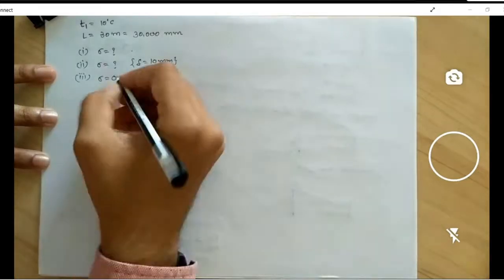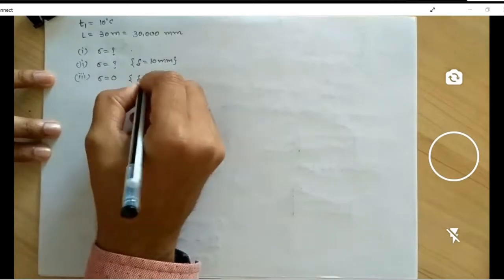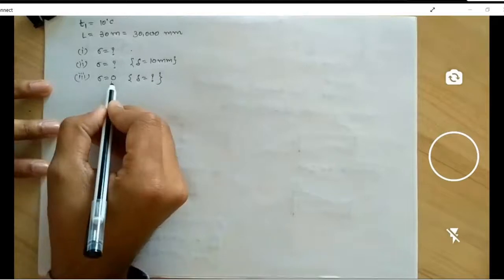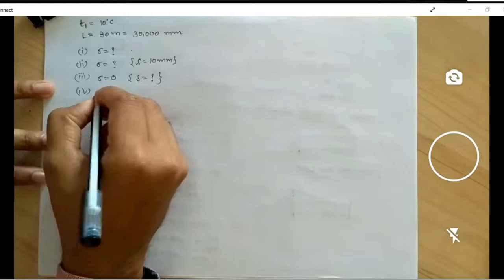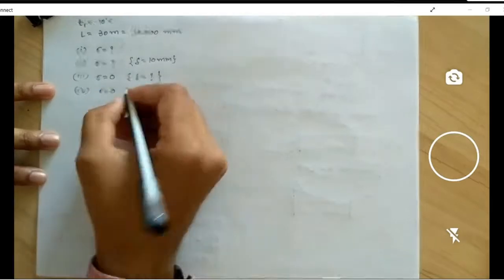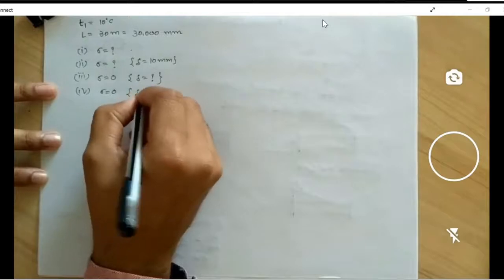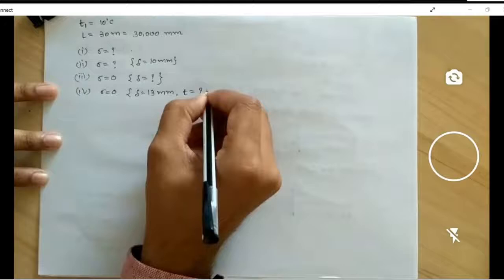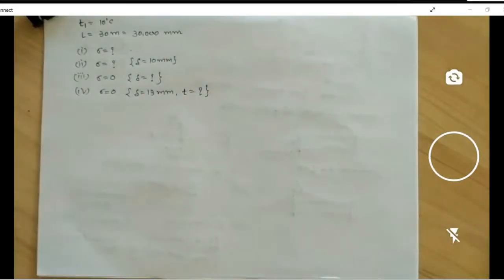So you have to find the expansion allowance for which the stress generated in this element is 0. And in the fourth case, you want zero stress and delta is 13 mm, so what temperature changes are allowed for the no-stress limit?